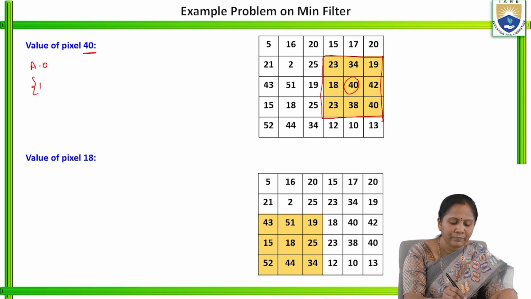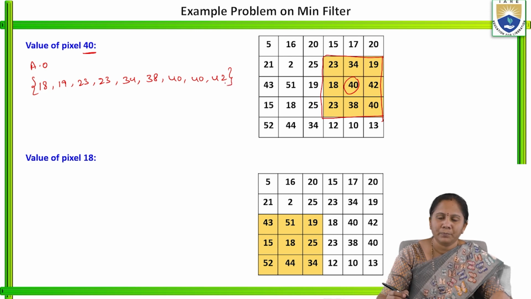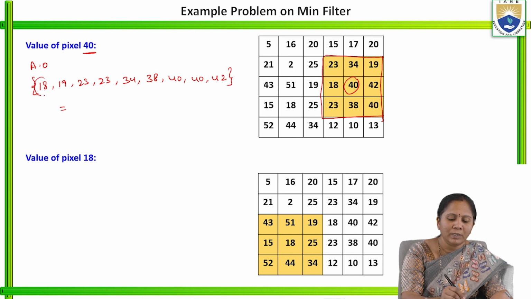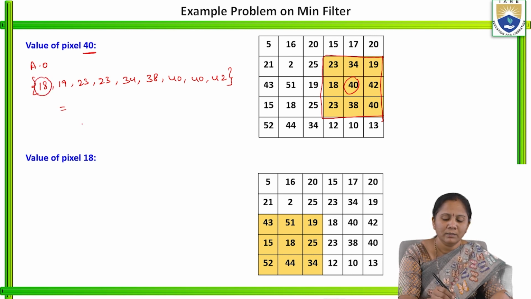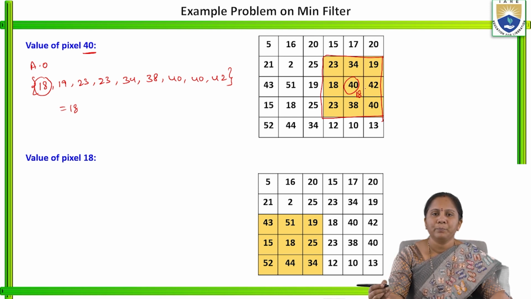We will get 18, 19, 23, 23, 34, 38, 40, 40, 42. So here the minimum value is 18. So this 40 will be replaced with the 18 pixel value.